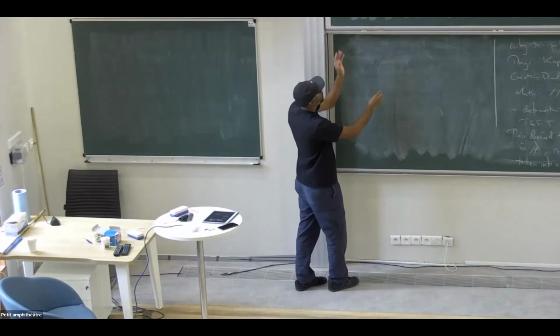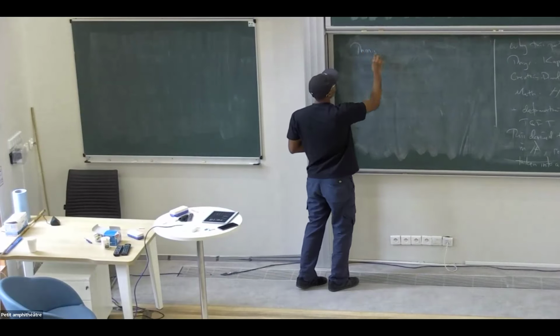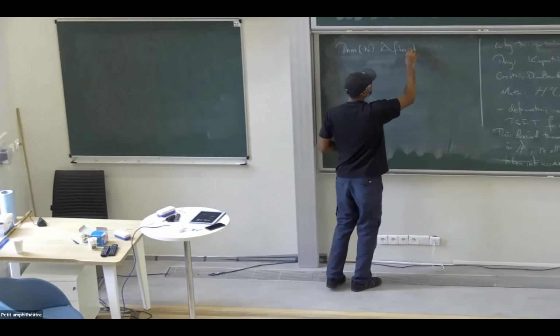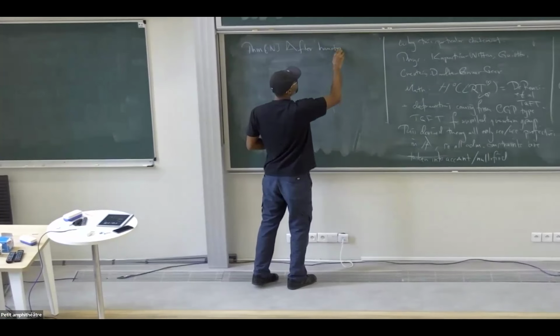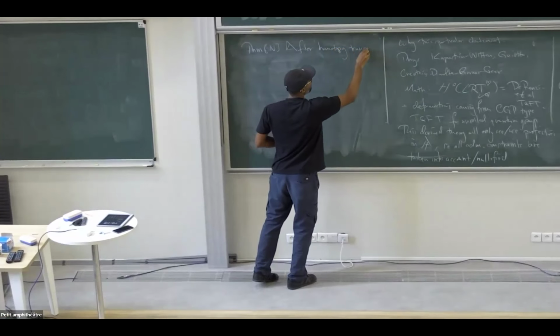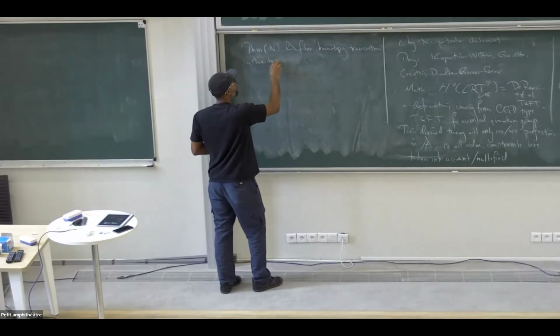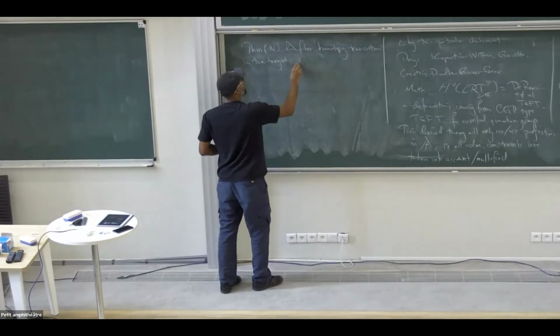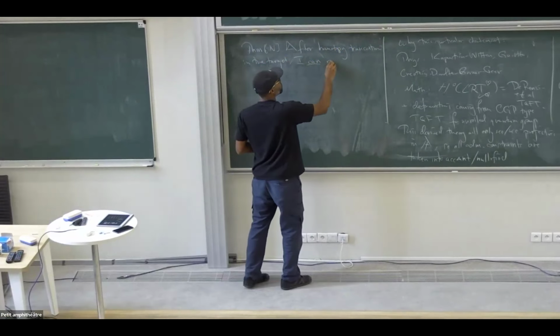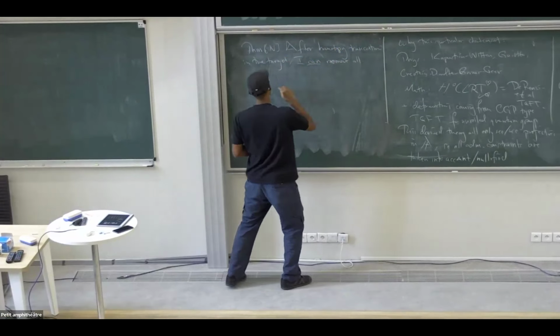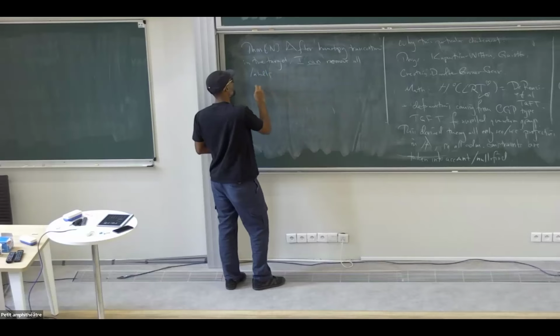Okay, so the second theorem: after homotopy truncation, in the target, I can remove all labels.